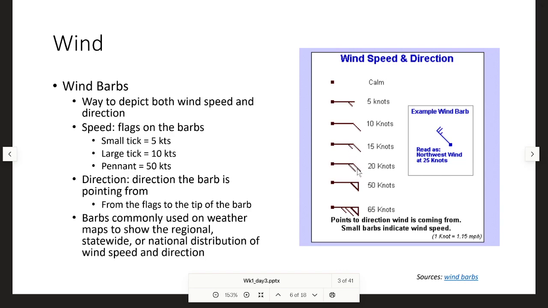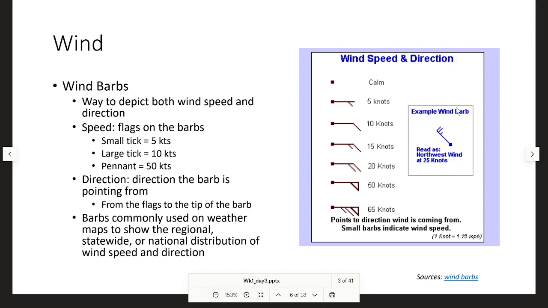Two long ticks is 20. And then they add these fun little flags, and that's 50 knots. Again, you can add. So 65 knots: 50 for this triangle, the long tick is 10, and the short tick is 5. You add those together and you get 65.